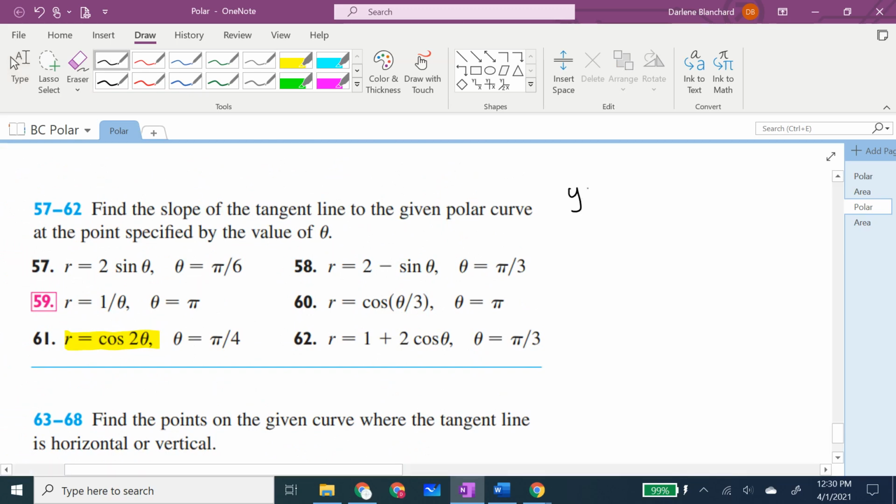What I like to do is write y on top and x on the bottom so I don't accidentally do dx over dy. I know that y is equal to r times sine theta. I know that x is r times cosine theta, and now I'm going to put the r in.